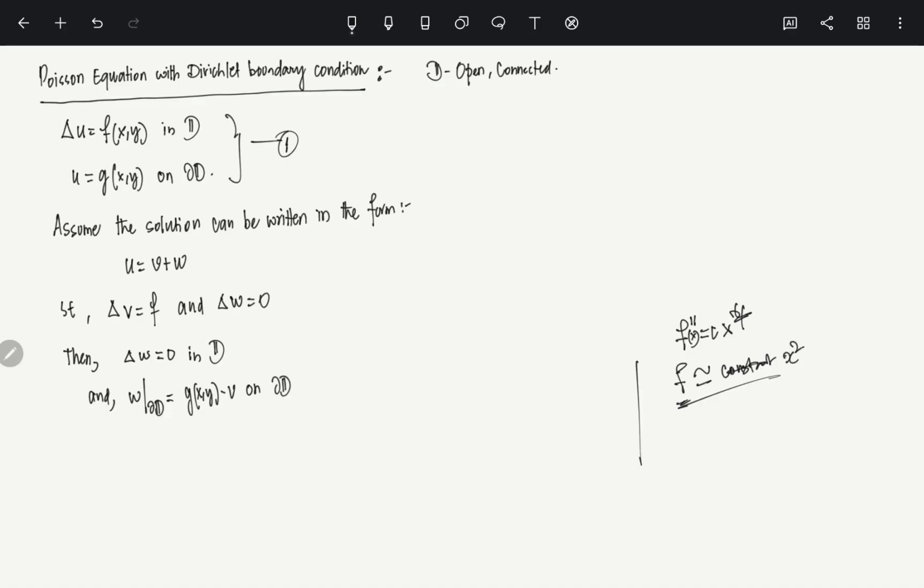Clear? So what I am trying to say is this, that here you can actually use a similar sort of thing.